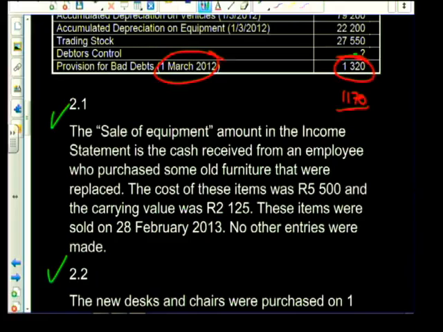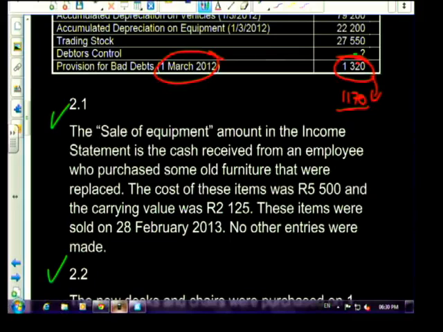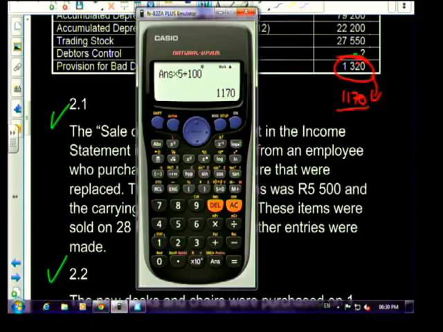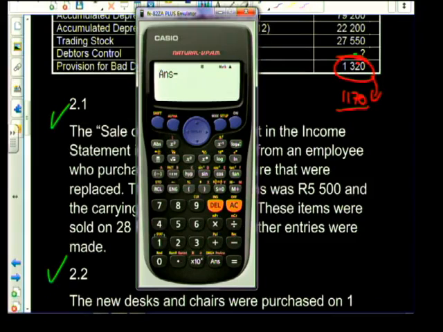So we have adjusted or changed the provision. What we've done is we've adjusted the provision from 1320 to 1170. What we've actually done is we've subtracted the difference between these two. The difference between 1170, which is our current provision, and 1320, which was last year's provision, comes to 150 Rand.